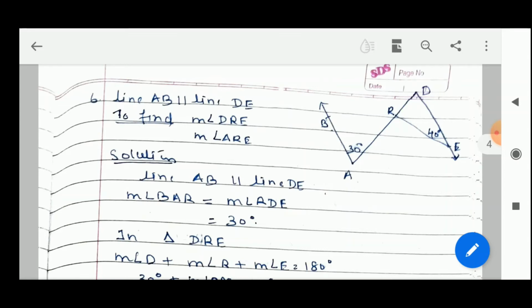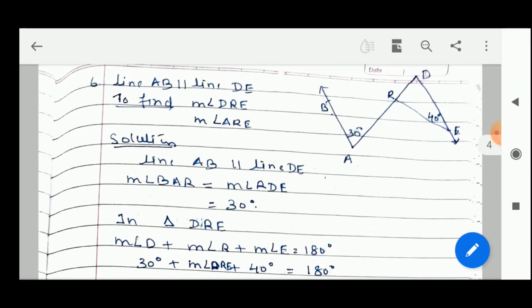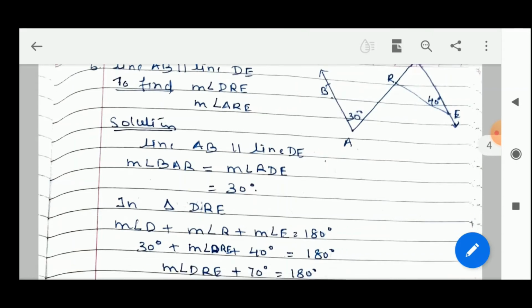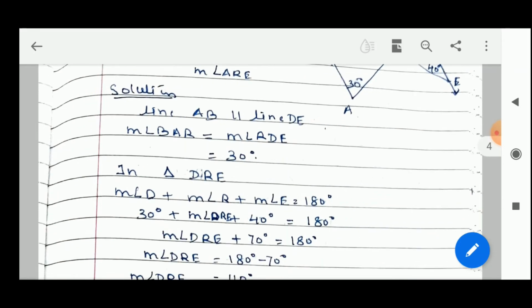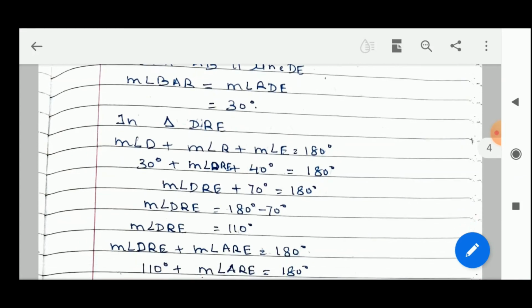Then in triangle DRE, measure of angle D plus measure of angle R plus measure of angle E is equal to 180 degree. So 30 plus measure of angle DRE plus 40 degree is equal to 180 degree. So here you will get DRE plus 70 degree is equal to 180. So measure of angle DRE is equal to 110 degree.